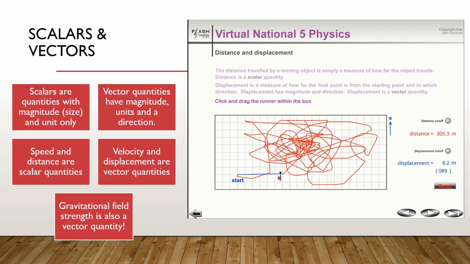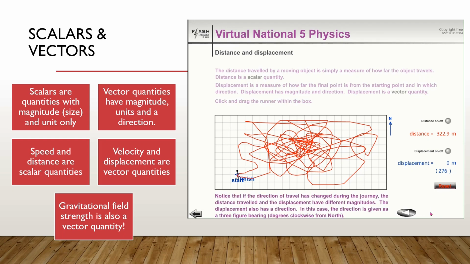This is me doing my miles for the housing. And then I walk back to the start. Oh, excellent. You can see I've gone a distance of 322.9 meters, but my displacement, I'm back where I started from, so my displacement is 0.